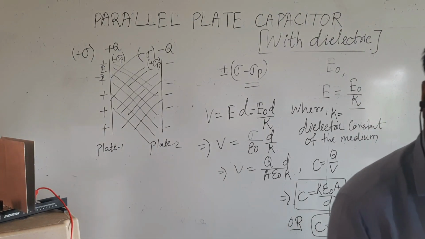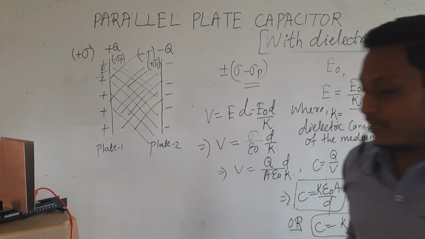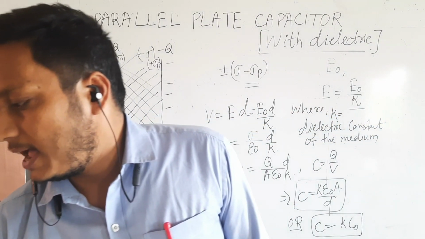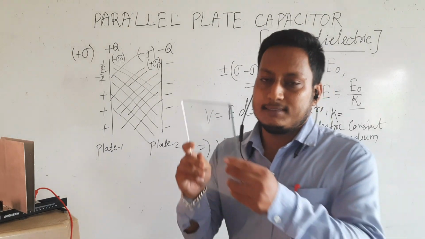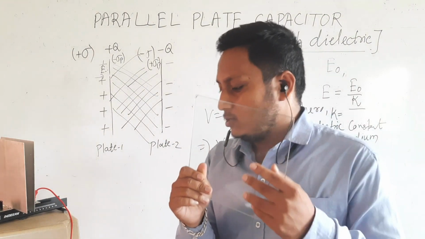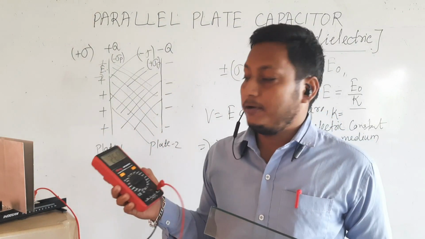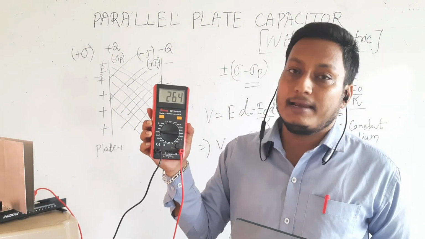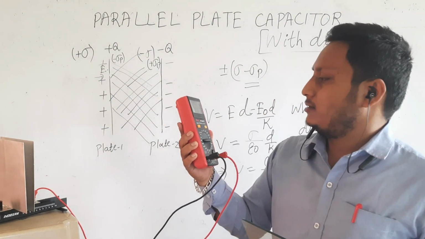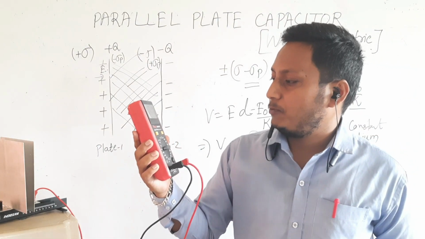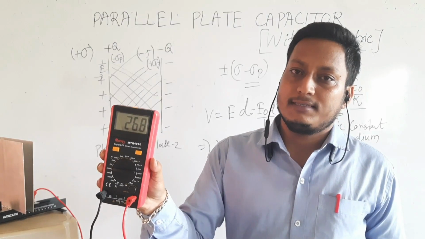Now let's check it. We have one dielectric medium here, a glass plate. For this parallel plate capacitor, without the dielectric the capacitance is 26.5.